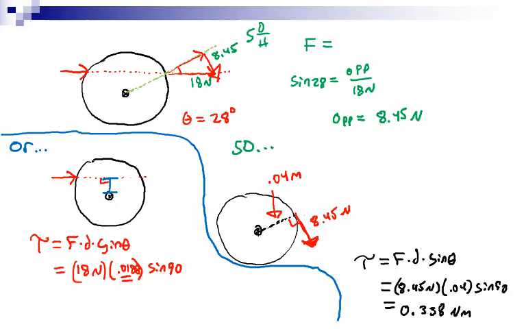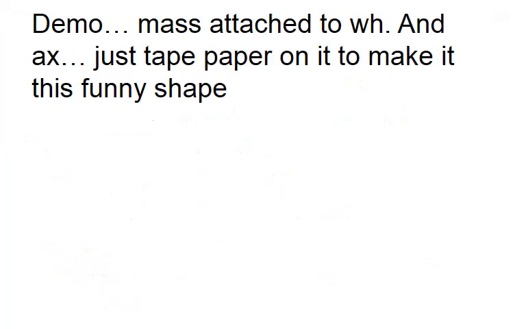In this case, if the radius is 0.4 right here, this portion of that radius, this line right here, is this. This is a right angle. So this angle right here that we have coming in is the same as that we used before, the 28 degrees. And so we could find that length, and we'll end up getting the same thing, negative 0.338 Newton meters.